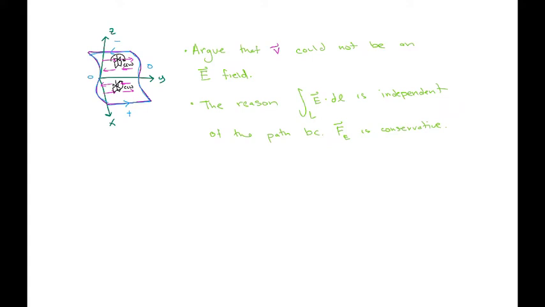Okay, so if you have this situation, and the line integral of some field is independent of path, follow me here, then the line integral around any closed path must be 0.